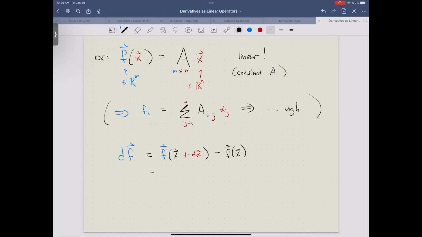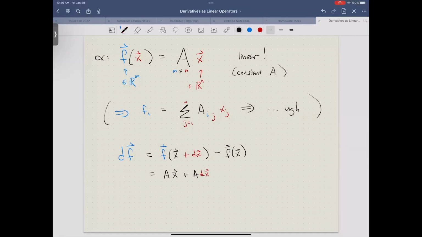We can just plug it in and drop nonlinear terms, except in this case there won't be any nonlinear terms. What's f of x plus delta x? It's Ax plus A dx, right?